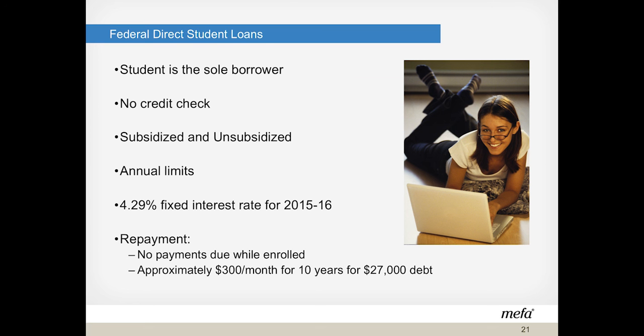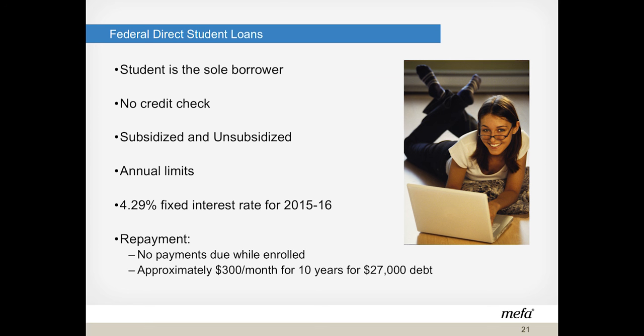That'll stay for those loans until they're paid off. Next year, there will be new loans given to students with a new interest rate, and that's set every year, that interest rate in the summer.